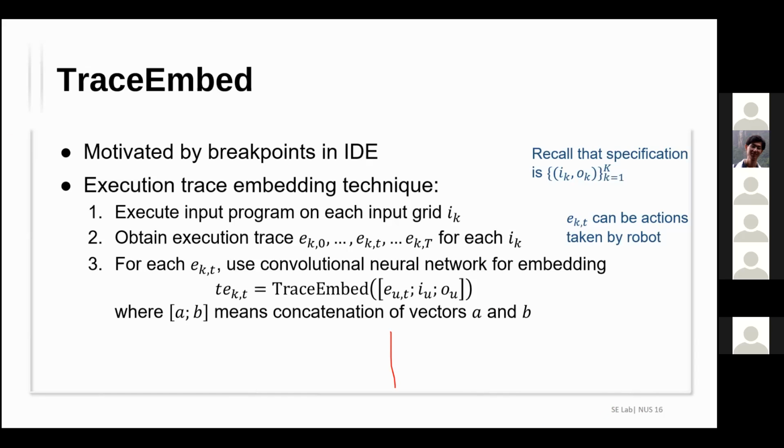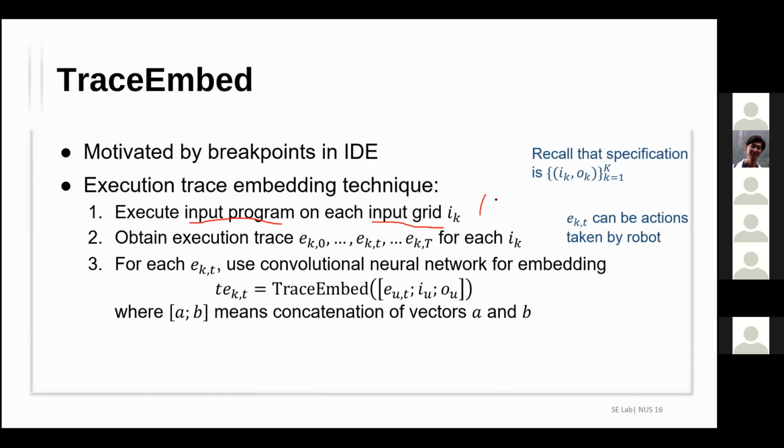Let's say right now I have a model. My synthesizer has already created a model. I would run this model on each of the input grids that I have. If you recall the input grid, the specification can be written like that.